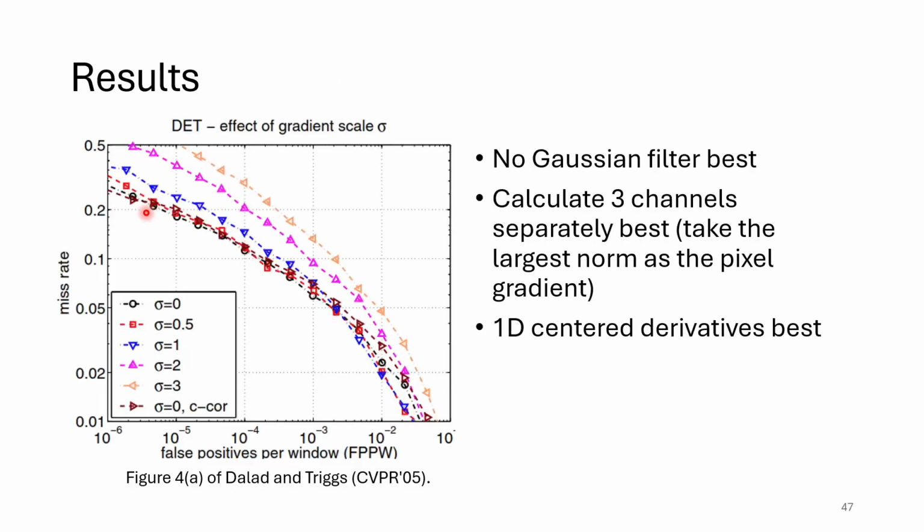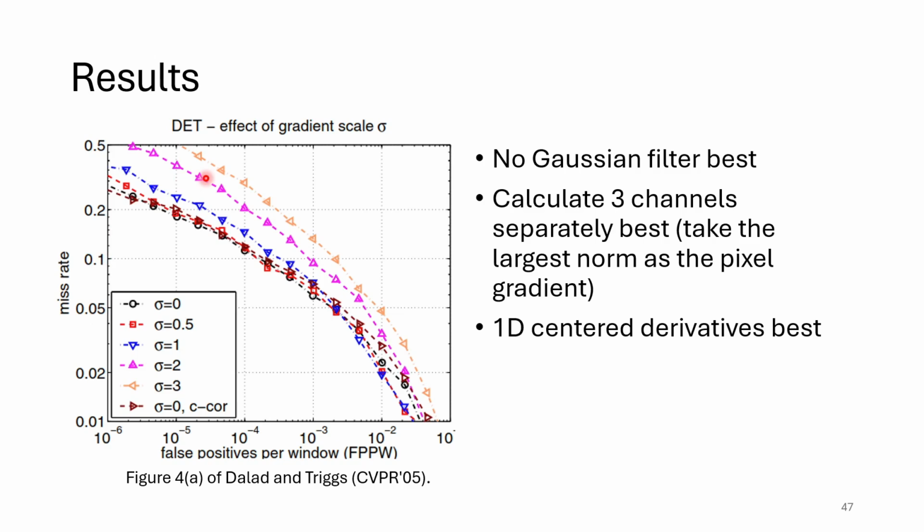So they investigated the problem by trying different settings. Let's take a look at this figure. The x-axis is the false positives per window, so the fewer, the better. And the y-axis is the miss rate, which is also the fewer, the better.